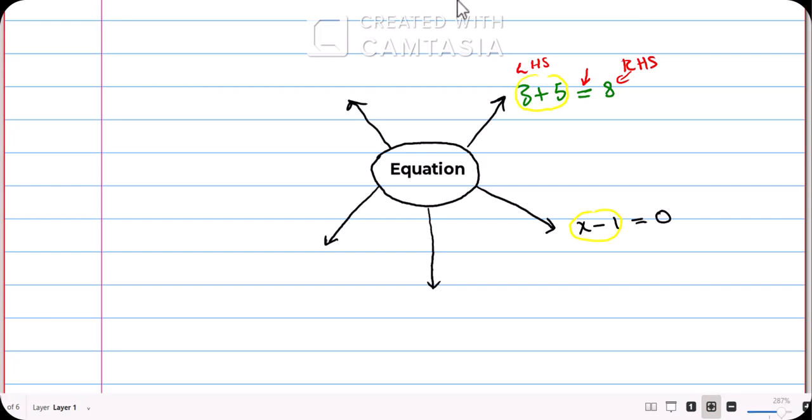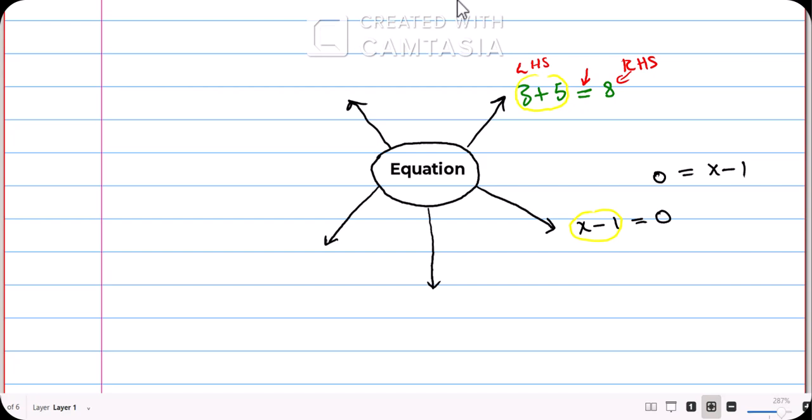It's not always the case that you are expressing something on the left hand side to something on the right hand side. We can say 0 is equal to x minus 1. This is the same thing. We should bear in mind.